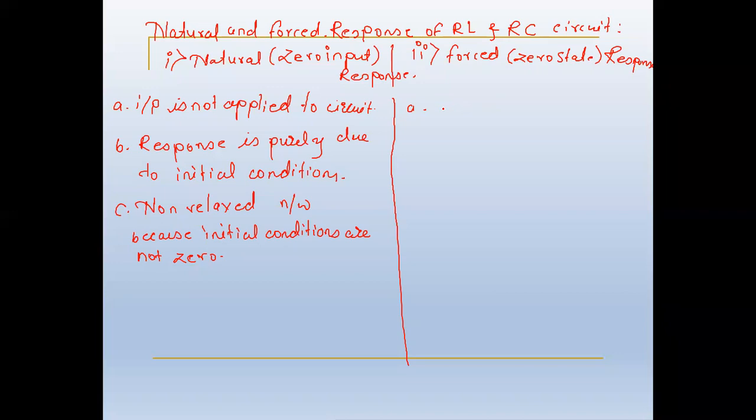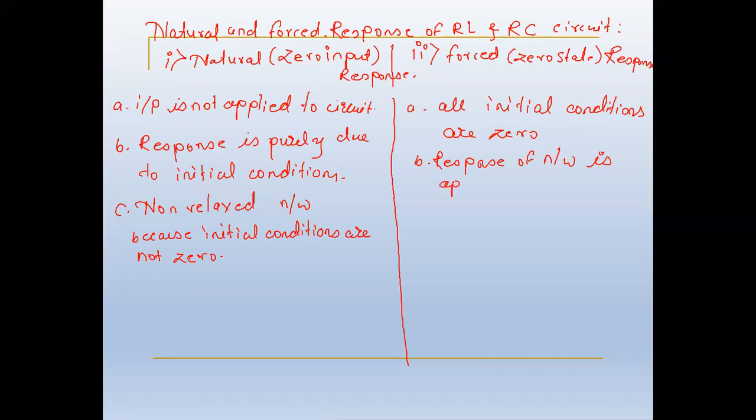All initial conditions are zero, and the response of the network to the applied input is called the zero state or the forced response.